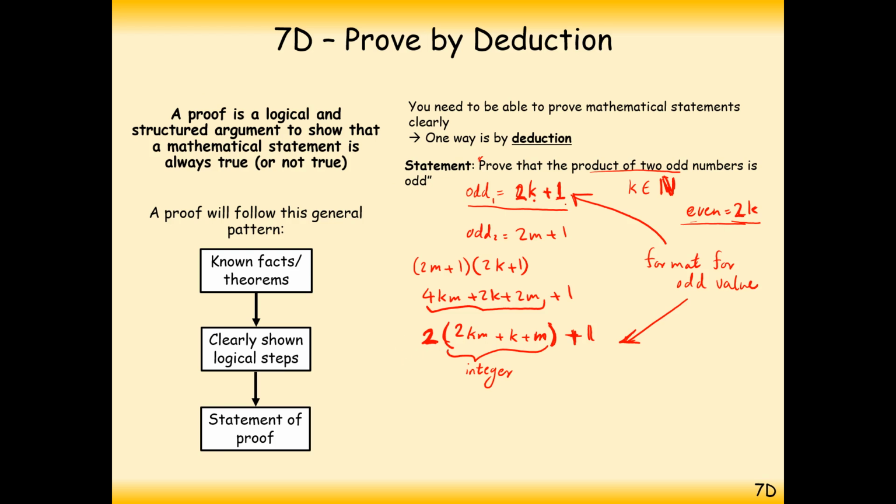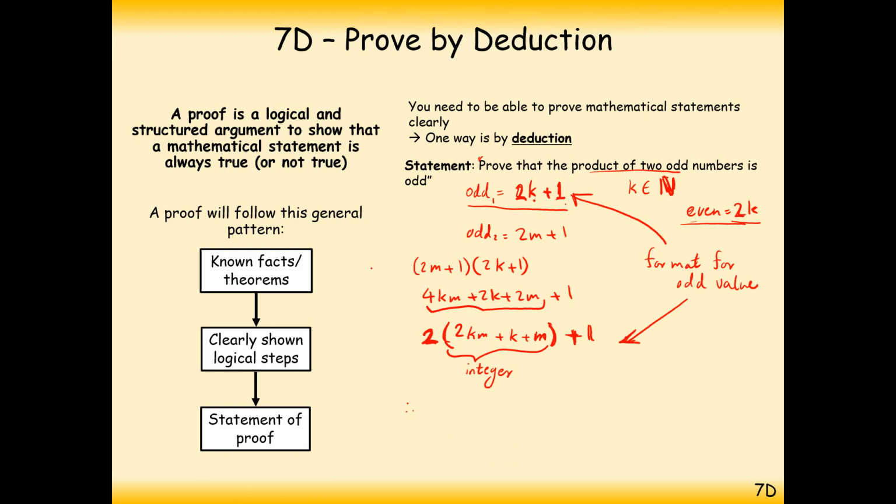So you write a little conclusion. You write therefore this shows that it's an odd format. Therefore it's an odd integer, an odd number. With these proofs, it's good to write a little sentence at the end to make sure the examiner understands what you mean.